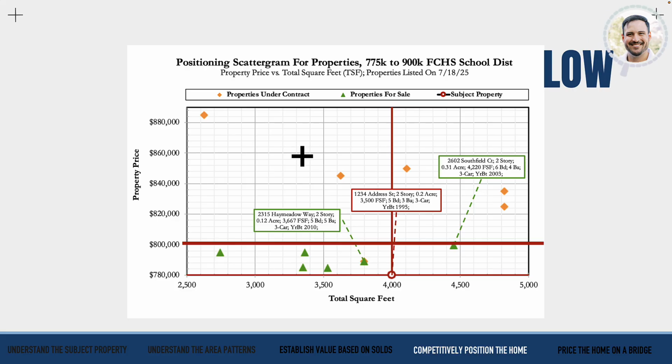So at 800, this other house listed at about 790 has a smaller size, smaller acreage, and is a little bit newer than us. At this point, you have to ask yourself: we have a larger house, larger acreage, and overall, I guess, fewer bathrooms.